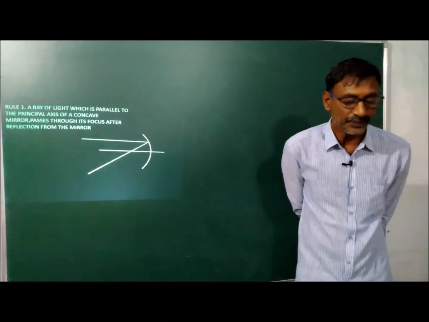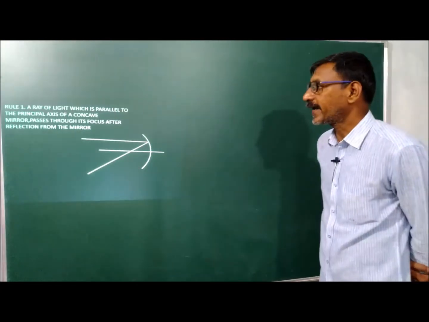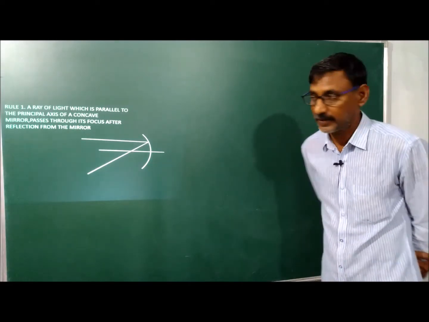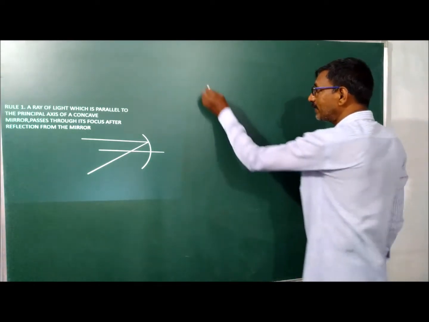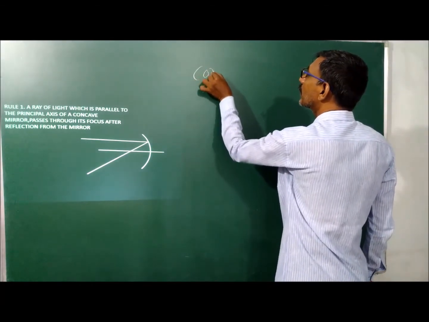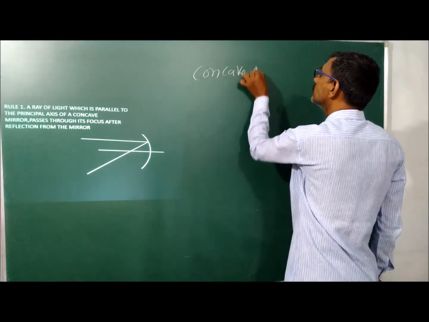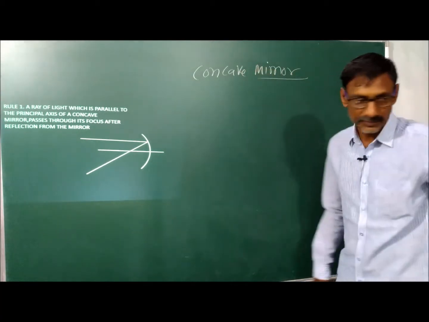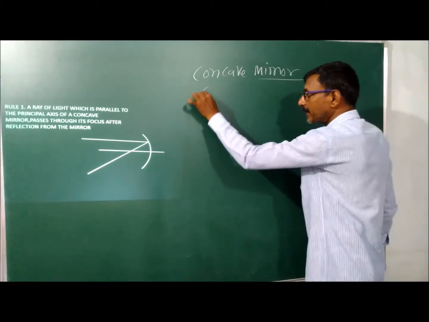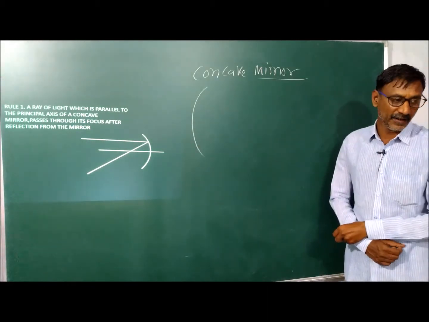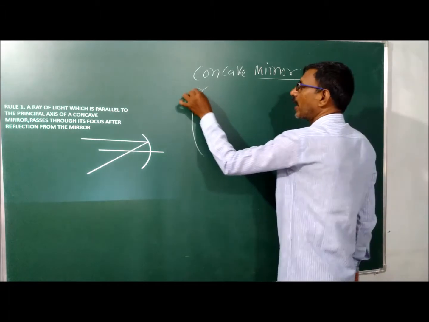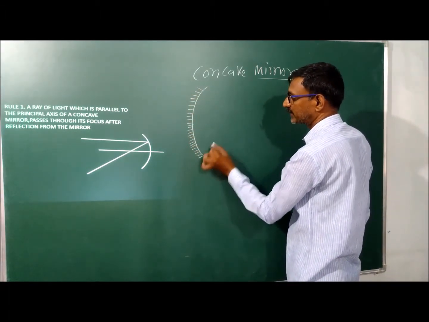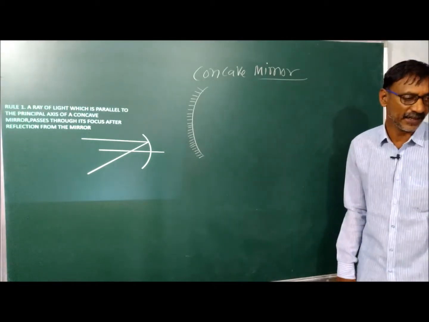Now see the next one. The rules that help us understand image formation in a concave mirror. We start with the concave mirror. This is my concave mirror. The outward surface is coated with silver.